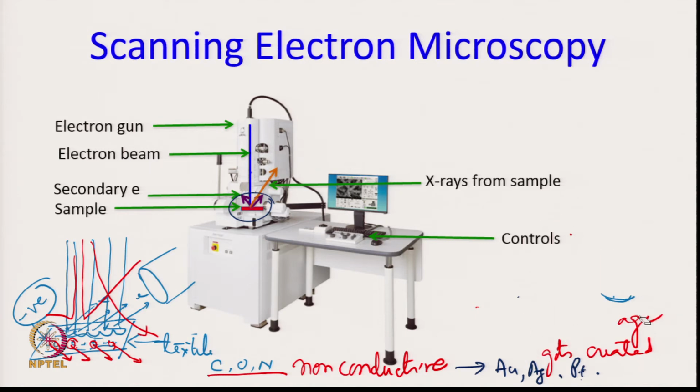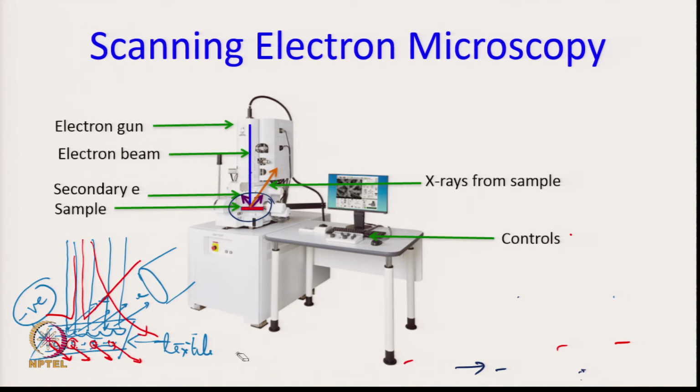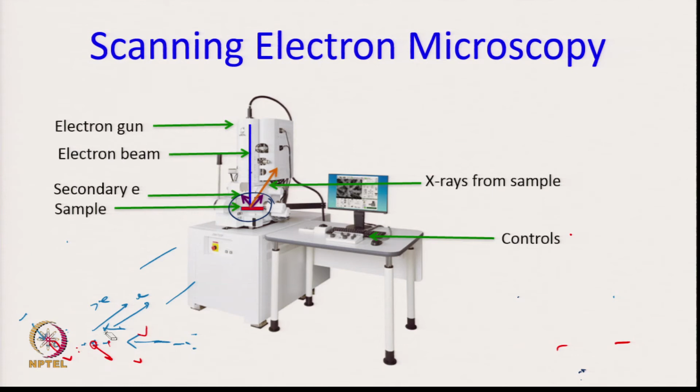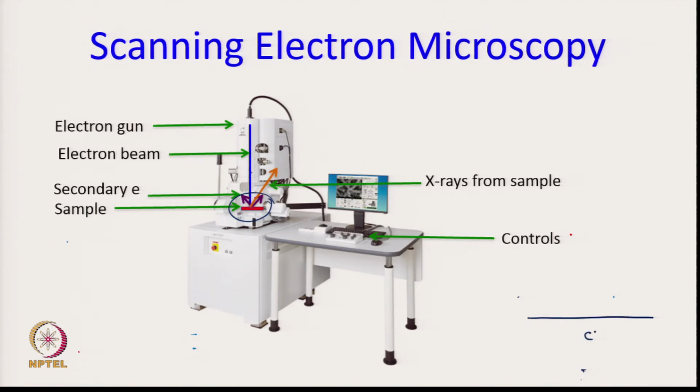So, when an electron beam hits the sample, let me take the pen again. My sample is there, it has carbon, and it has orbitals around it, and it has electrons.